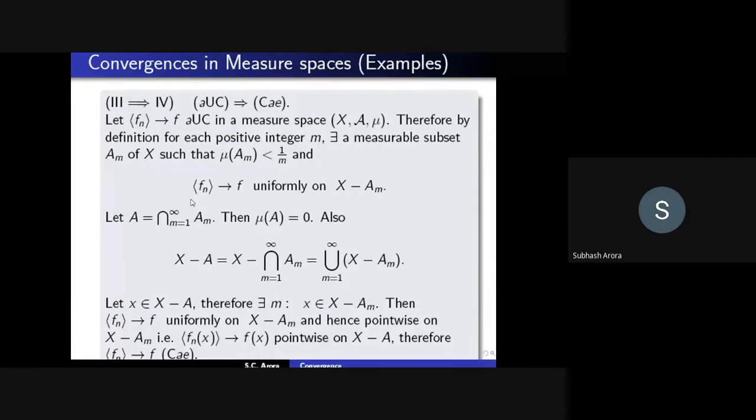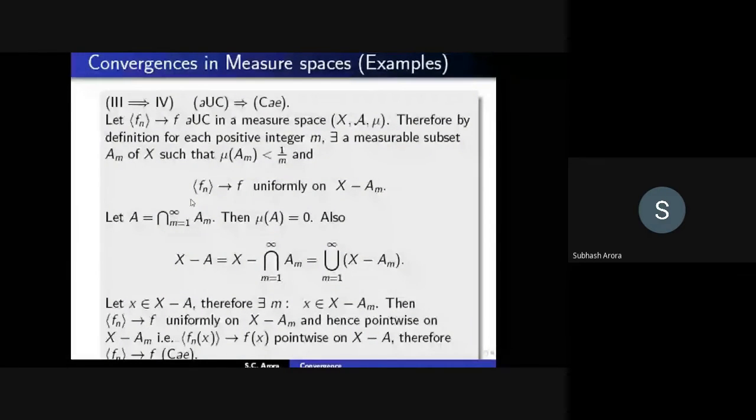This means that if we take the intersection of all these Am, what would be mu of that? That would be 0. Let A be equal to the intersection of Am, m going from 1 to infinity. So what is mu of A? Mu of A would be less than mu of Am, that is less than 1 by m for all m. Therefore, mu of A would be equal to 0.